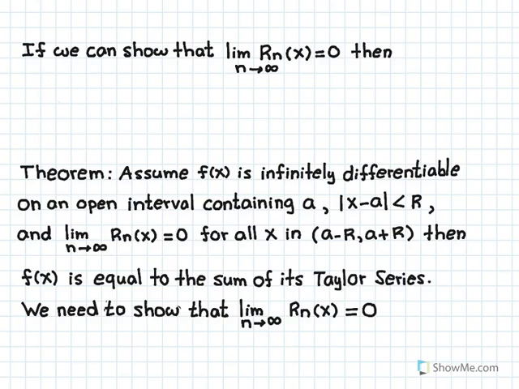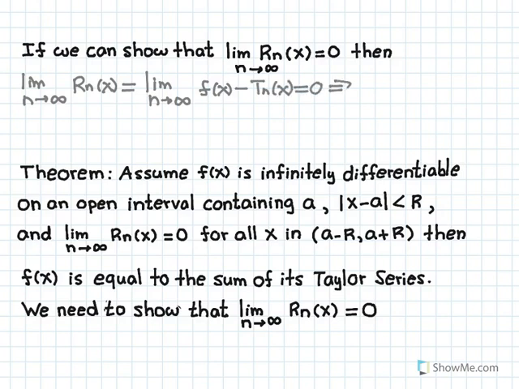All right, so what we'd like to do is show that the limit as n approaches infinity of Rn of x is equal to 0. If we can show that, we have the limit as n approaches infinity of Rn of x, which is equal to the limit as n approaches infinity of f of x minus Tn of x, and this is equal to 0. So let's solve for f of x.